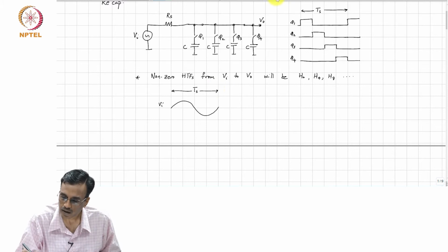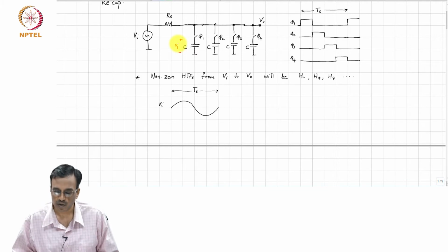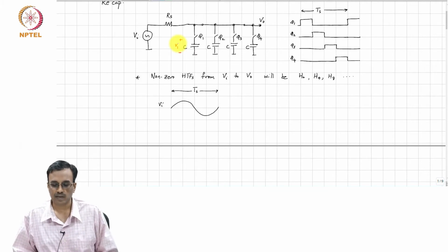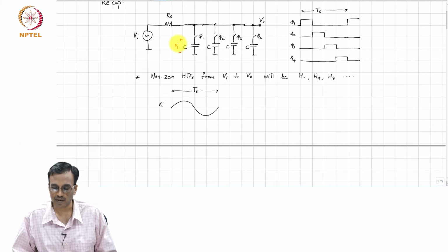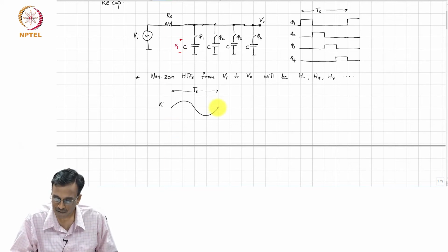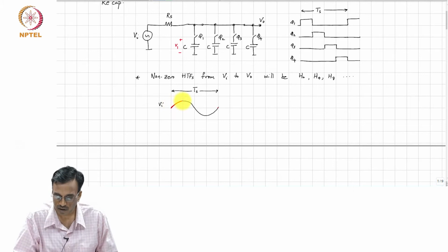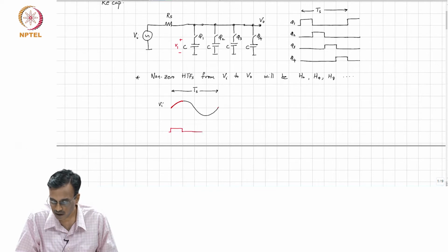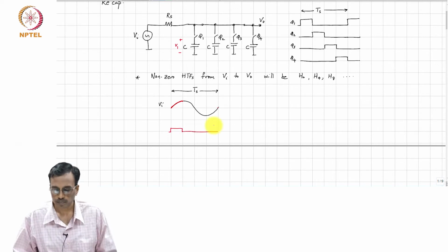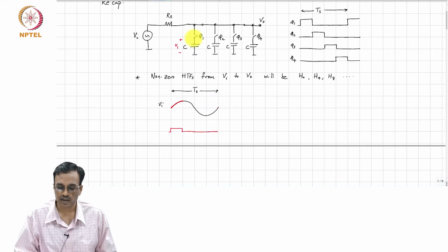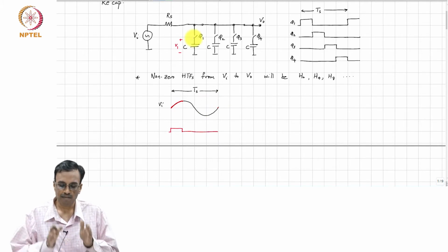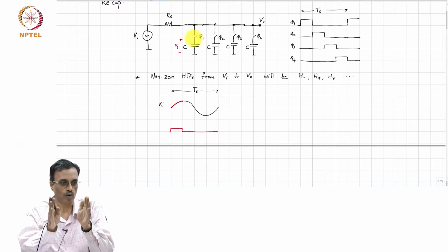So, if you look at this voltage across this capacitor, let us call this V_1, you can see that as far as that first capacitor is concerned, during every clock period, it only sees this portion of the waveform, right. And recall that phi 1 is high only during this period, right. So, it does not see the rest of the waveform, and every cycle it sees the same window of that input sine wave, right.